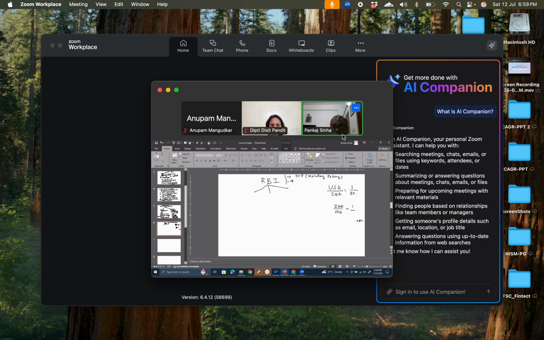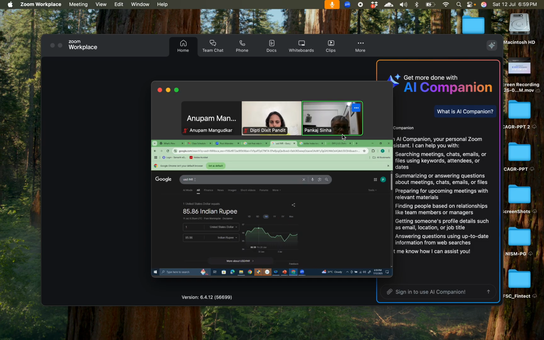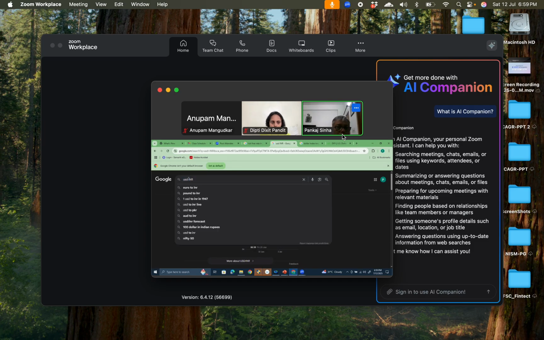Okay, so if you take the British pound, USD INR, GBP, that's why I'm writing it first. And if I use INR USD, what will the rate be? It will be different, because now I am saying INR in the numerator and USD in the denominator.